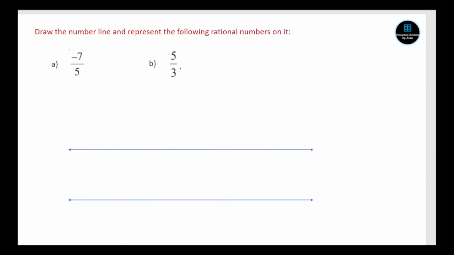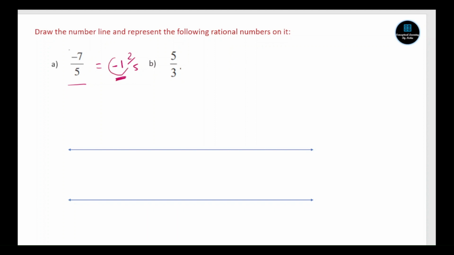Here one more example is given. We have to draw the number line and represent the following rational numbers. First, minus 7 upon 5. If I just consider 7 upon 5, how do I convert that into mixed fraction form? 7 upon 5 is 1 and 2 over 5, but it is minus, so put the minus sign here. What does it mean? This comes between minus 1 and minus 2.